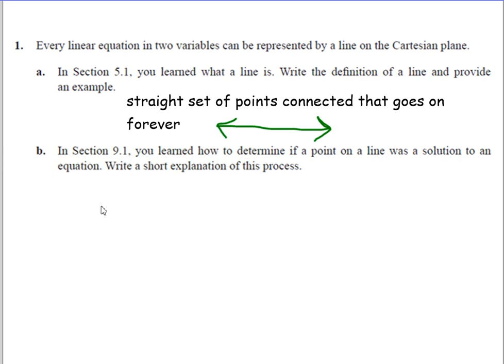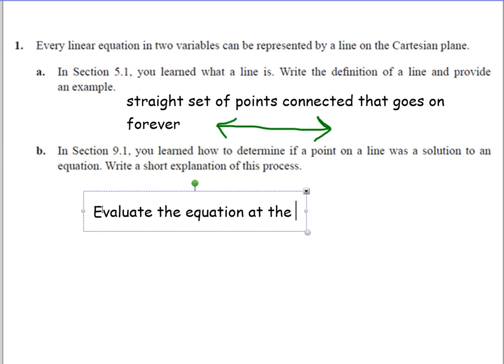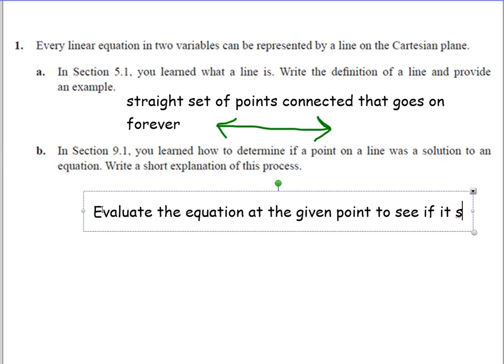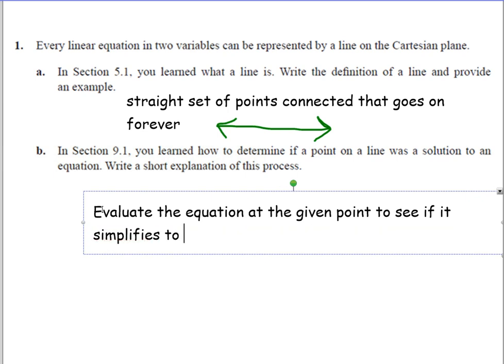When we graph a line and we want to determine if a point is a solution, or would be on that graph, what we need to do is evaluate. Remember that means to plug the point that they gave us into the equation to see if it simplifies to a true statement.